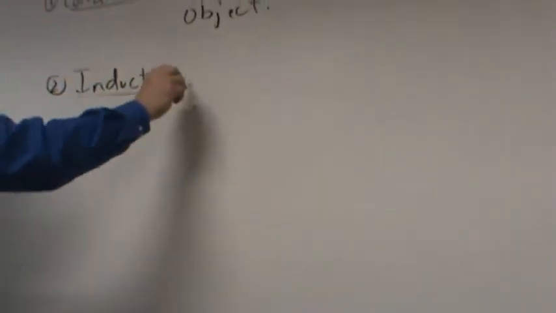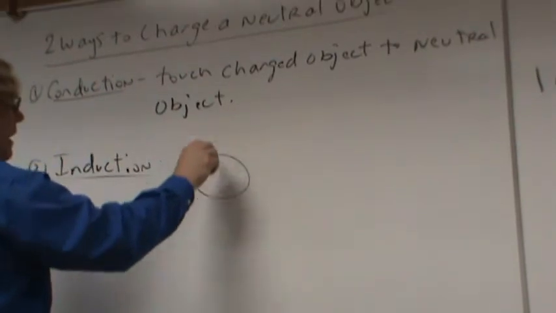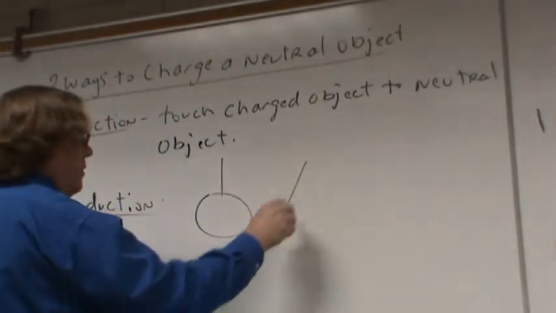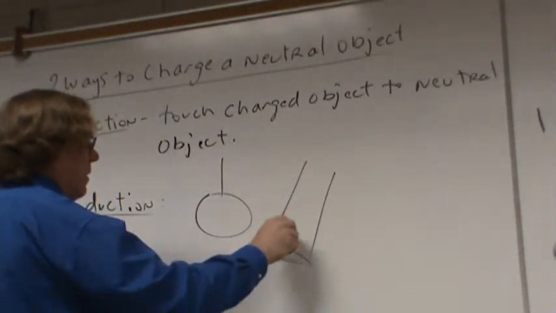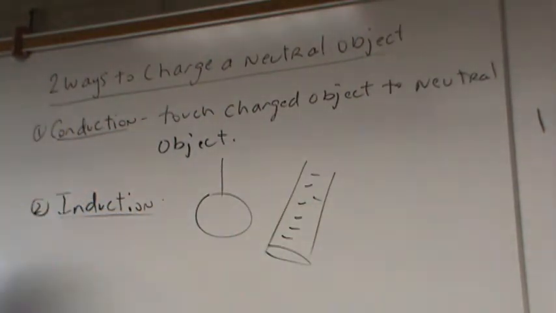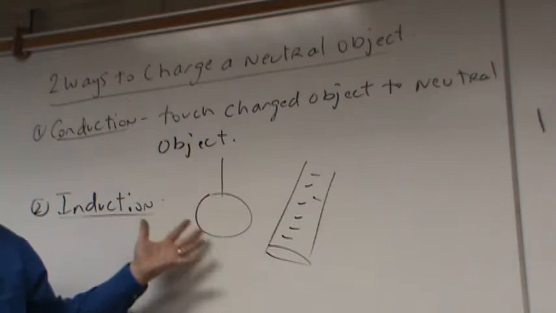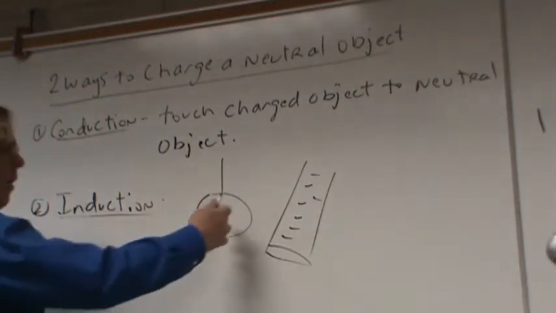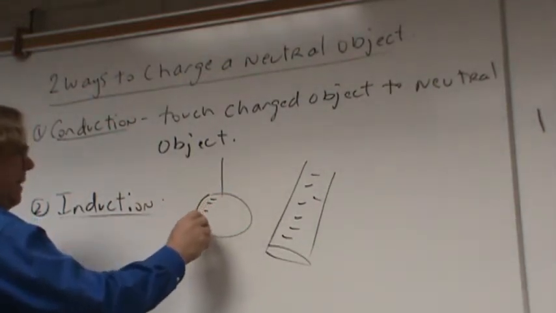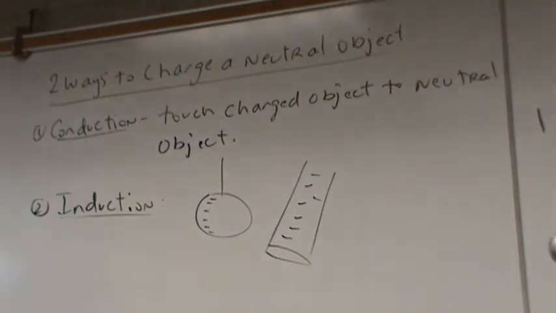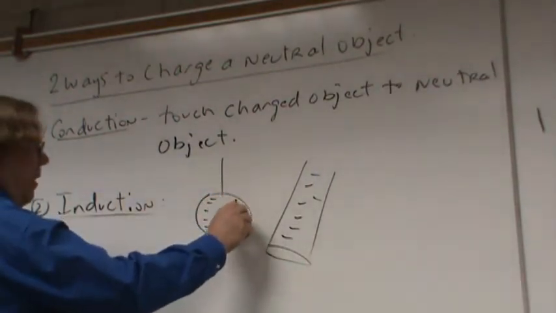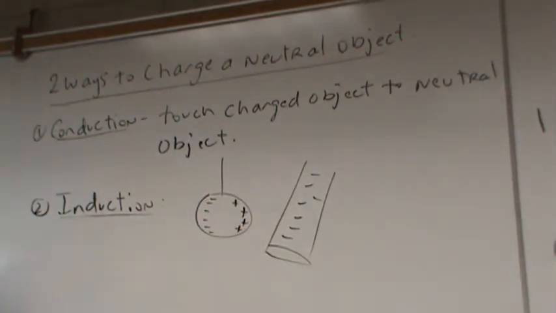Charging by induction. What I do is I get the neutral object close to the charged rod. When I do that, because this is metal and the electrons are free to move, all the electrons flee to the far end of that sphere, leaving a net positive charge on this side of the sphere.